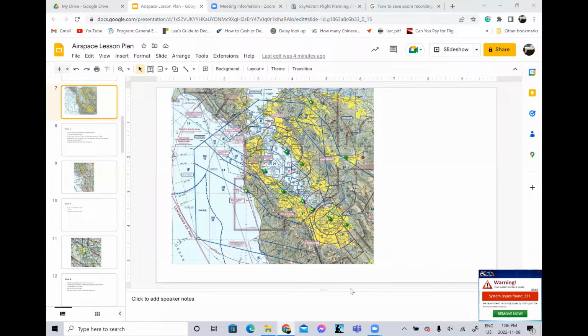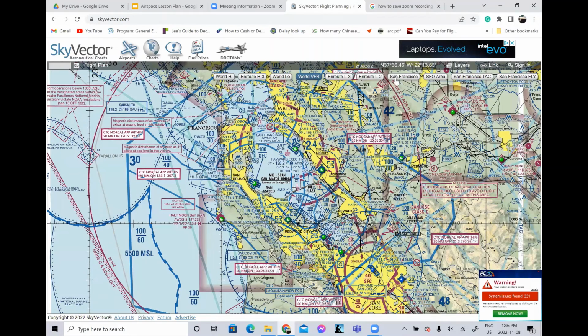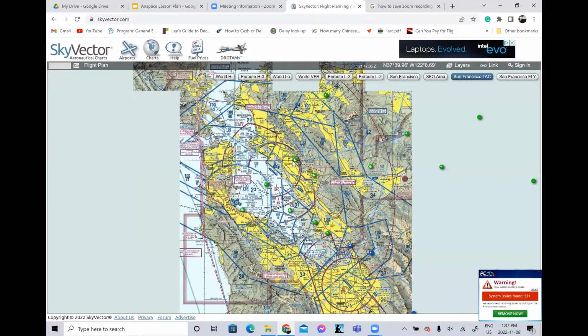All right, so next we're going to talk about how to identify Class Bravo airspace. So let's pull up a San Francisco terminal area chart. As you can see, these dark blue lines indicate there's a Class Bravo. In the lateral dimensions, you can read it by looking at the numbers in each of these sectors.